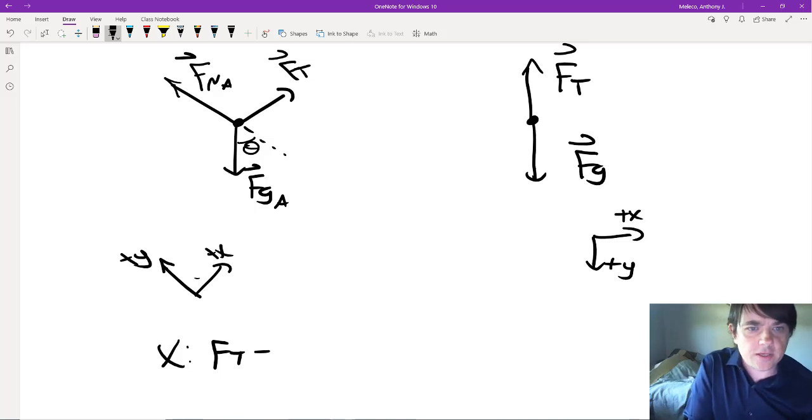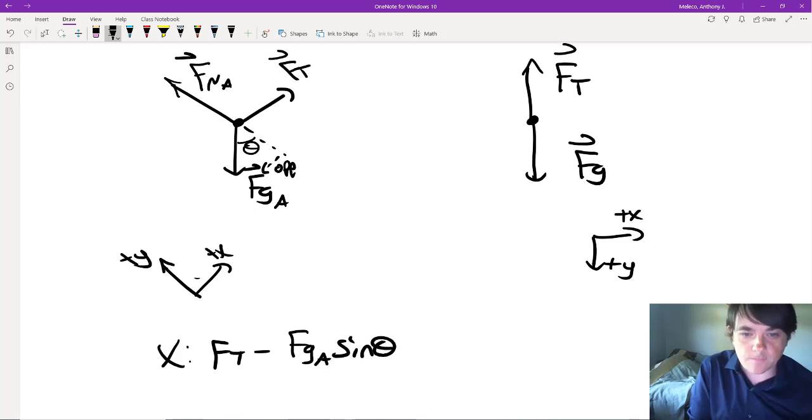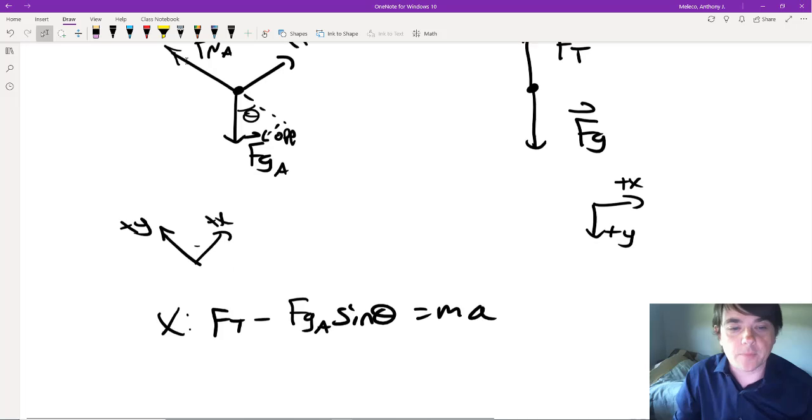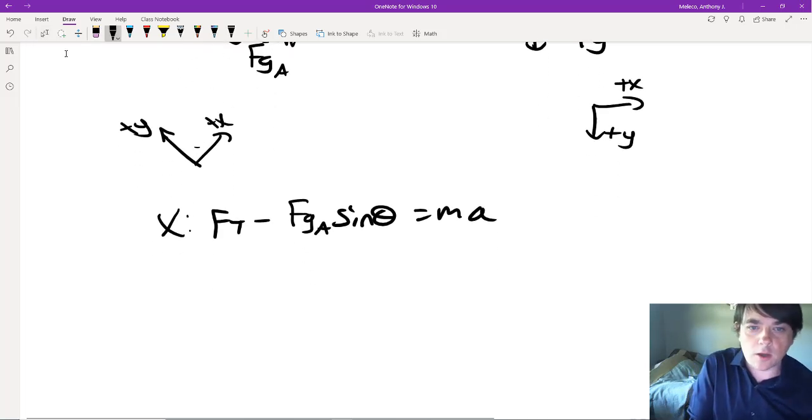And so our theta is right here, and so our x component is opposite. So it would be minus F_GA sine theta, because it's opposite, and that's equal to mass times acceleration. This is positive because it's going up the ramp. This is technically going to be m_A a as well.